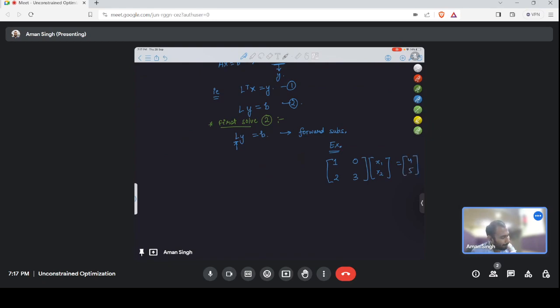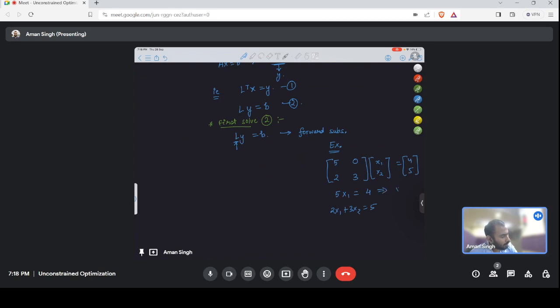Say 5x1 equal to 4 and 2x1 plus 3x2 equal to 5.